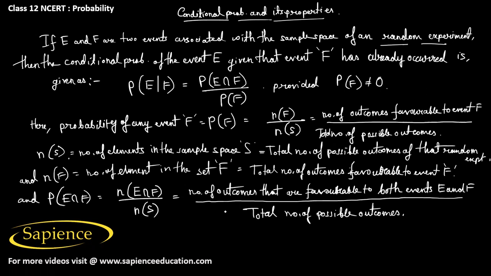So we should explain it by using an example. Suppose we have a random experiment of tossing three fair coins simultaneously.